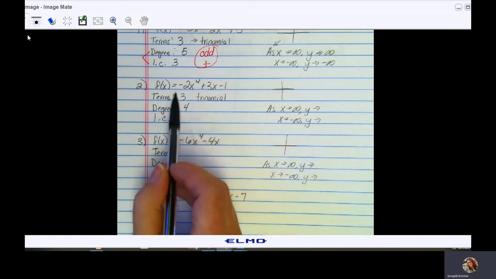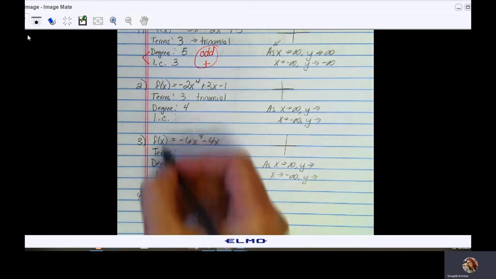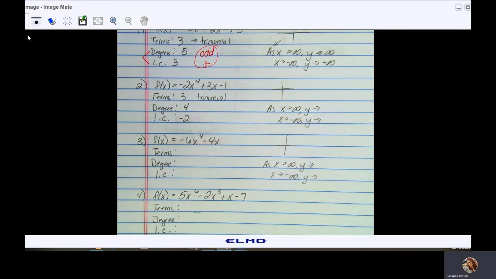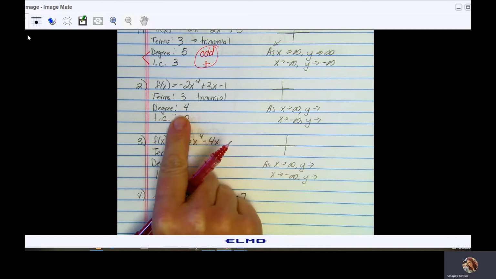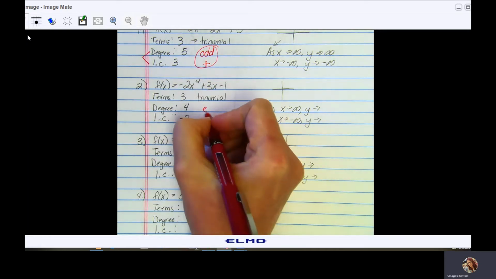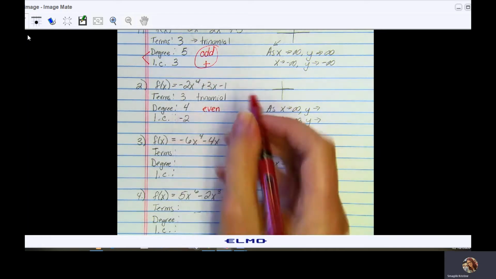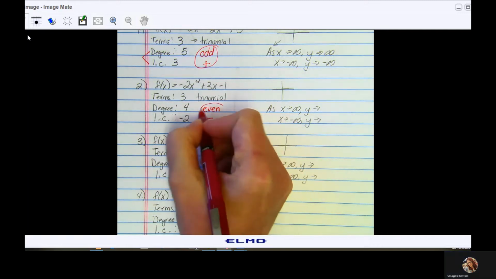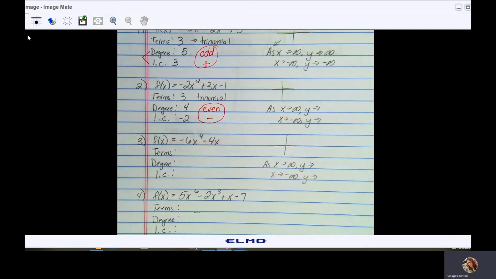My leading coefficient is negative 2. Now let's see what that means for end behavior. So here, a degree of 4, that's even. My leading coefficient is negative. So that means I am even negative. That is my end behavior of the function.